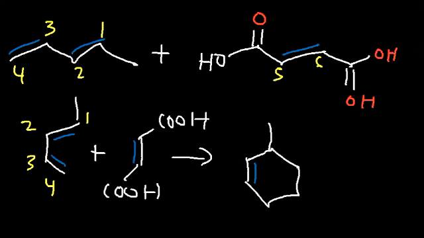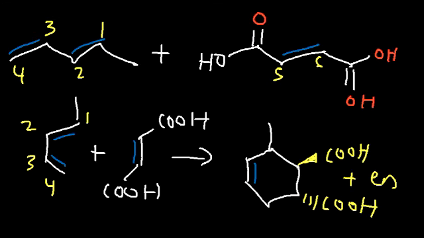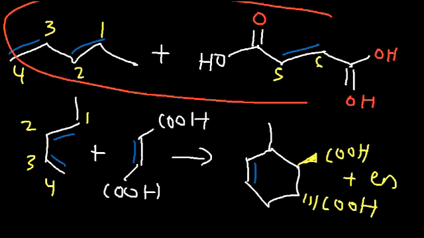And the carboxylic acids are trans with respect to each other. So it's going to look like this. And plus, we can get the enantiomer for that particular compound. So sometimes you might get a Diels-Alder reaction, but it may not look like it. So you may have to restructure the problem. Draw it in a way that is most familiar to you.